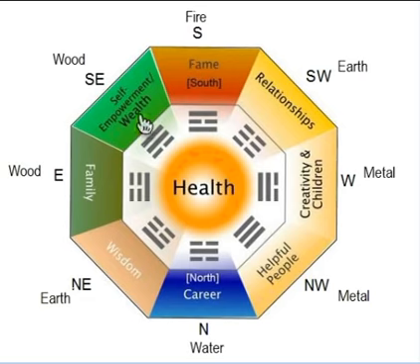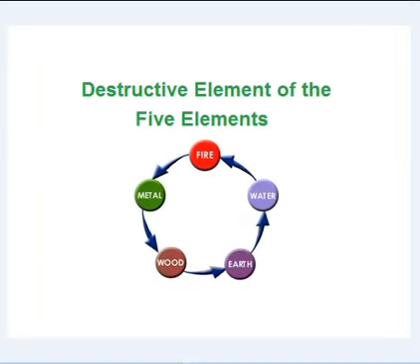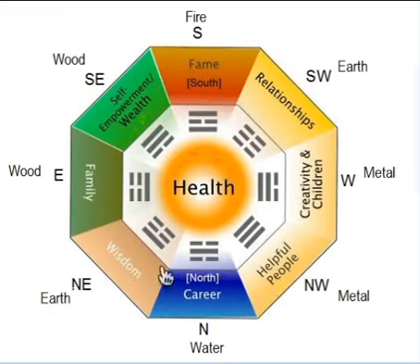Now we must also take note of the destructive cycle. What destroys wood? In the destructive cycle, metal destroys wood. So a big taboo is to have any metal in the southeast corner.